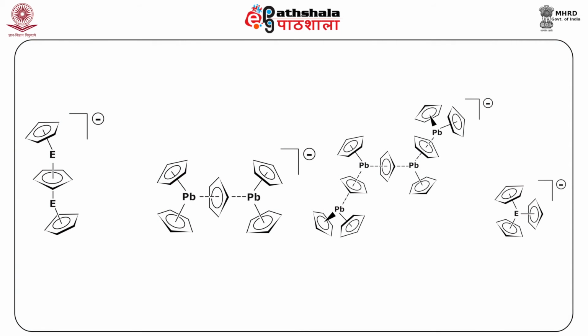As shown in the figure, the general formula E2Cp3 is observed as a non-parallel multi-decker sandwich for cesium and thallium, and plumbocene sandwich units, represented by Cp2 lead, are associated in the unusual anions of Cp5Pb2 and Cp9Pb4 type structures. Each lead center accommodates 3 cyclopentadienyl ligands as in the tris cyclopentadienyl anions, which are known for both tin and lead in the salts such as magnesium tetrahydrofuran whole 6 and the Cp3E whole twice.